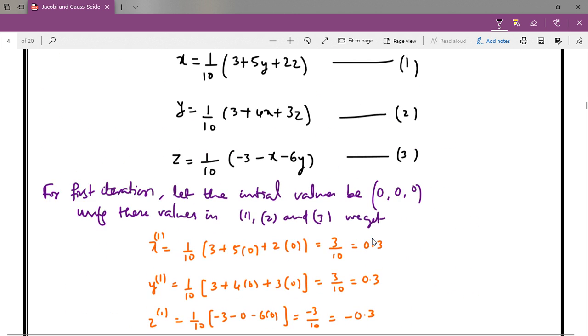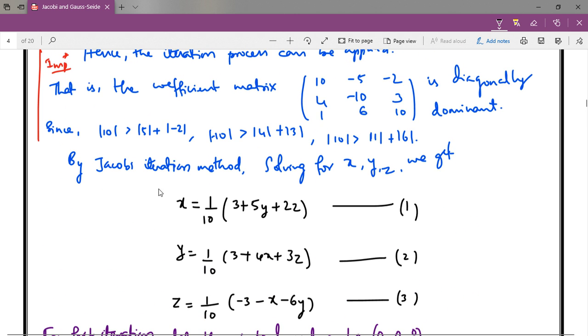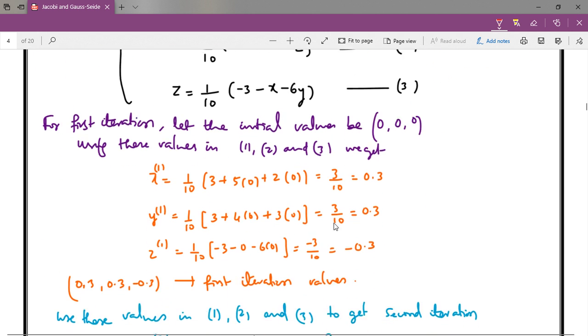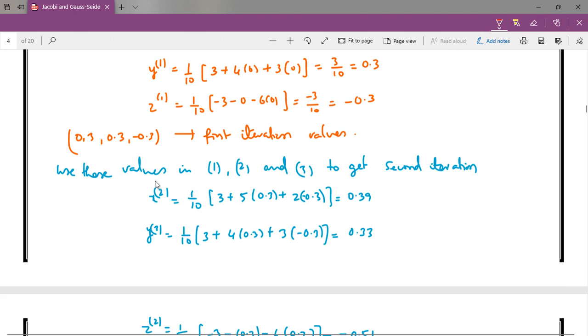So I hope you have understood this. This is very easy if you convert the given system into this form, that is solving for x, y and z. Then afterwards it is very easy, just go on iterating. Take x naught as 0, 0, 0, then we get the first iteration.